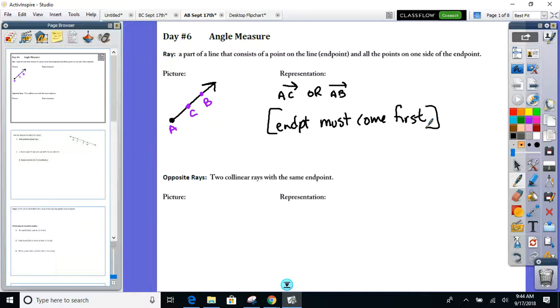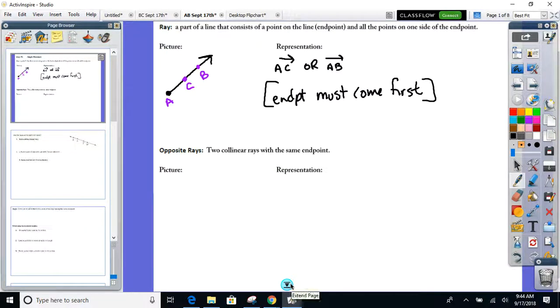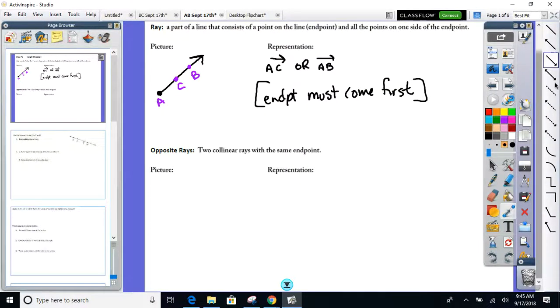Good review for tomorrow. Opposite rays. Collinear again. These rays are where? Collinear. Collinear going into tomorrow. They have to be on the same line. Yes. All right. So let's draw a line first, and then we'll put 2 opposite rays on there.